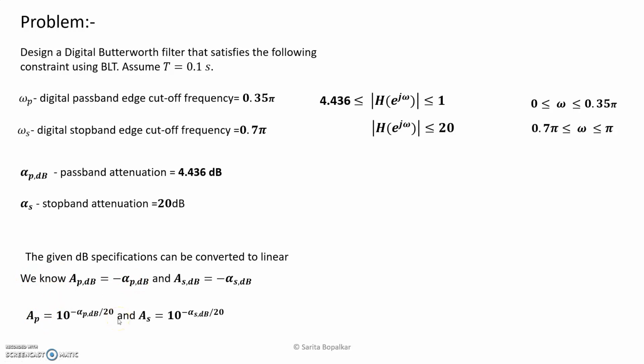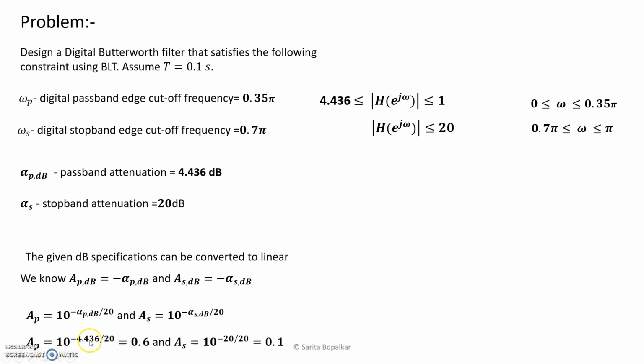Otherwise, if you want to use attenuation in dB directly in your formula, you have to select the formula accordingly. So first I will convert this dB attenuation into the linear gain.